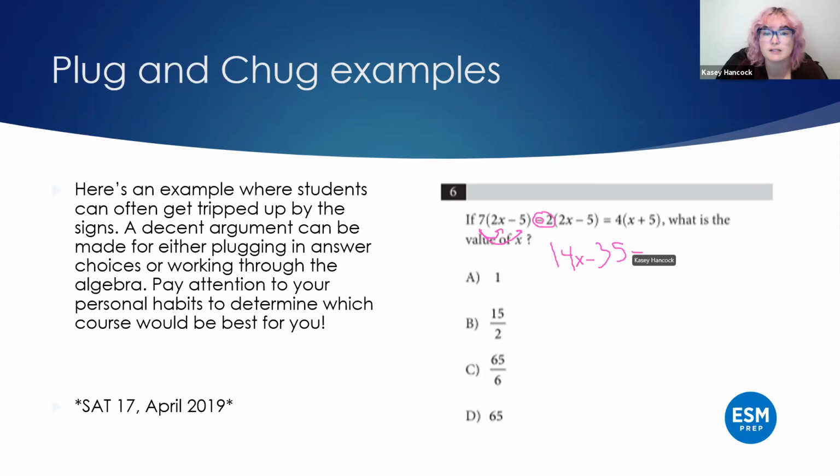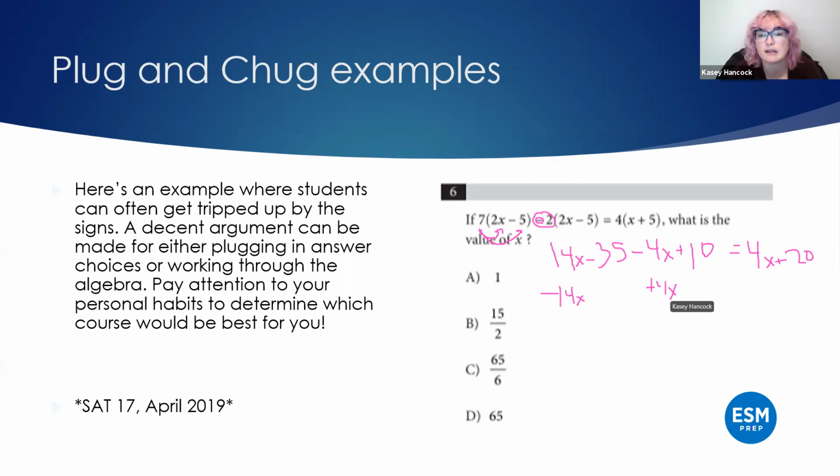So we get minus 4x, and then a minus times a minus, so then plus 10. And then that equals, and then we distribute on this side too, 4x plus. And now we just have to get the x's on one side and the numbers on the other side. So we'll subtract a 14x, add a 4x, both sides.